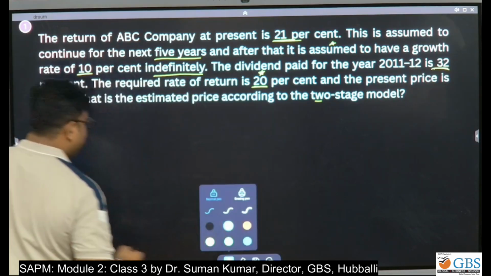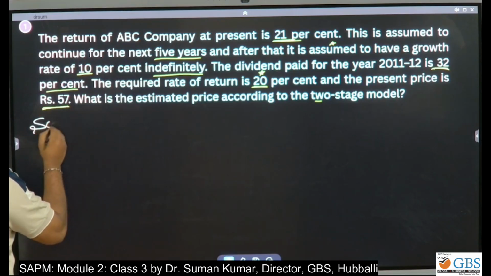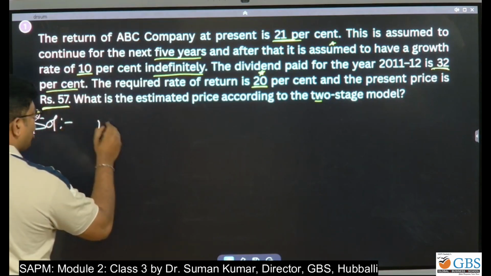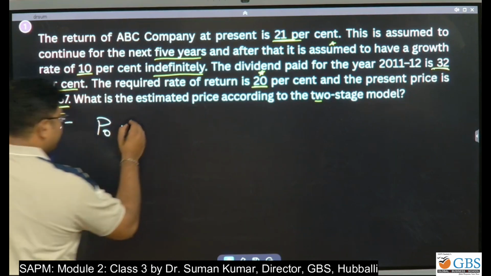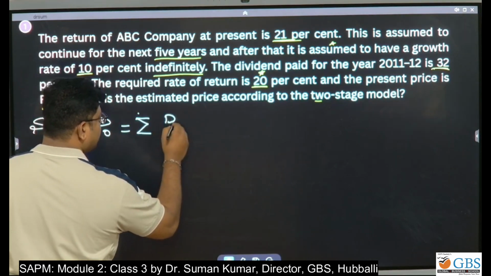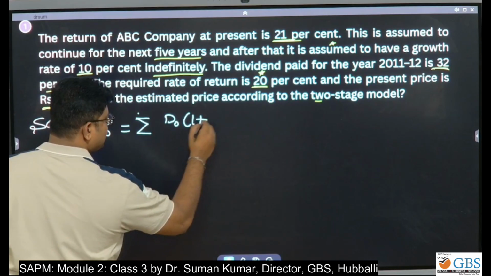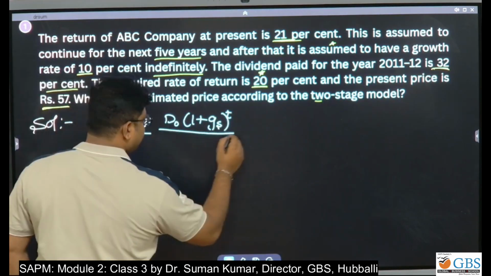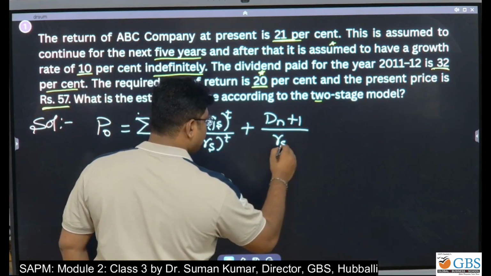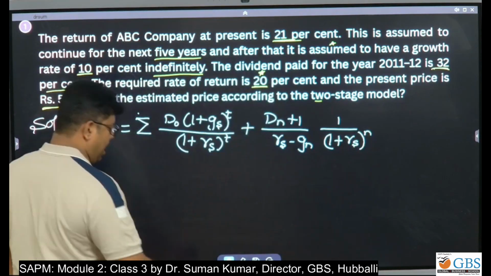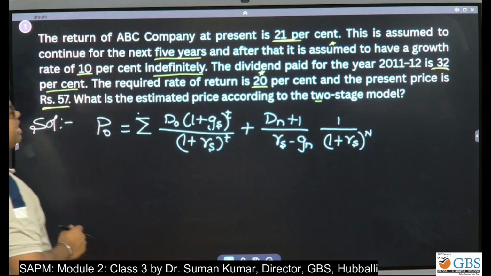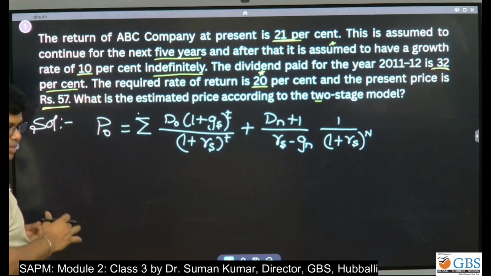Can anyone help me write down the formula? P naught is equal to summation D naught (1 plus gs). Now, stage by stage we shall solve.